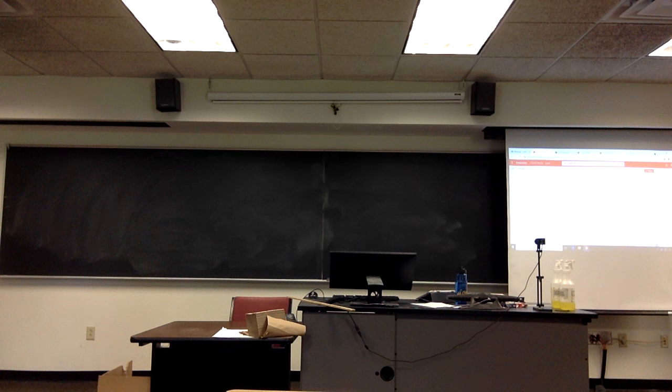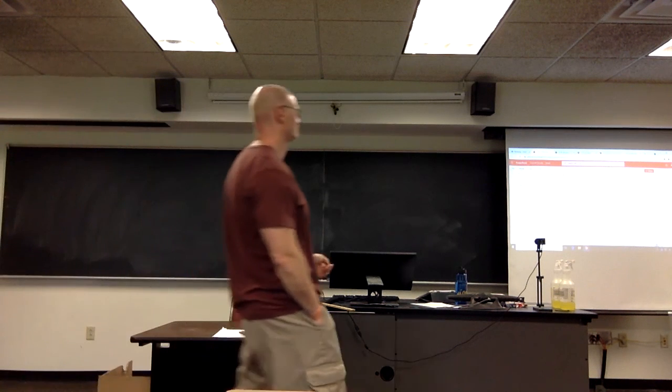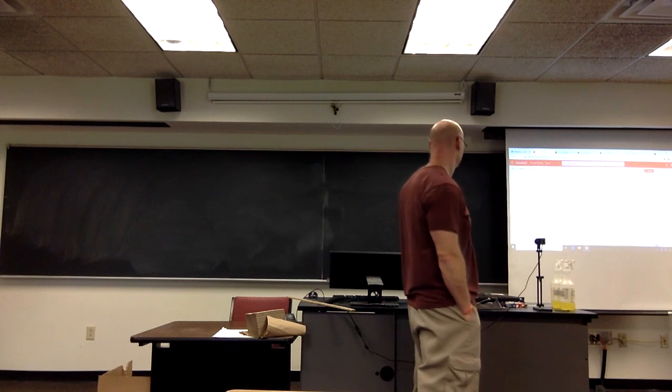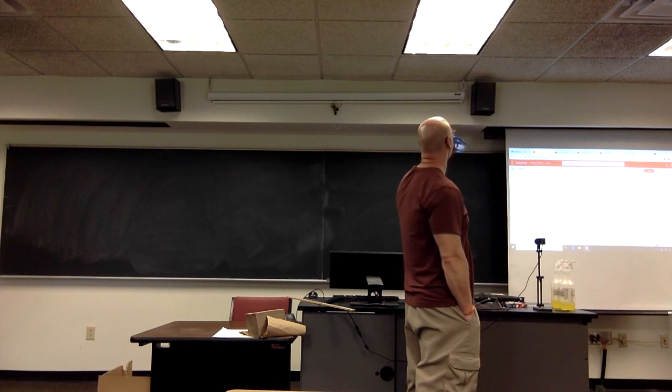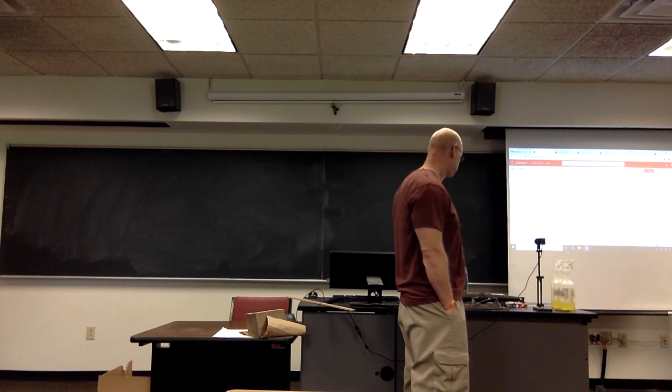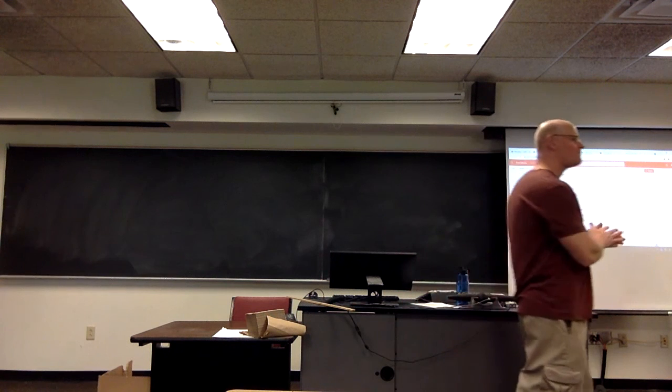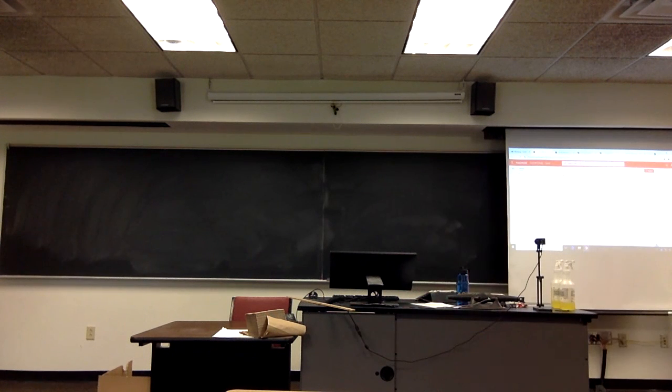Centimeters cubed to meters cubed is times 10 to the 6. So you just add 6 to it. Exactly.